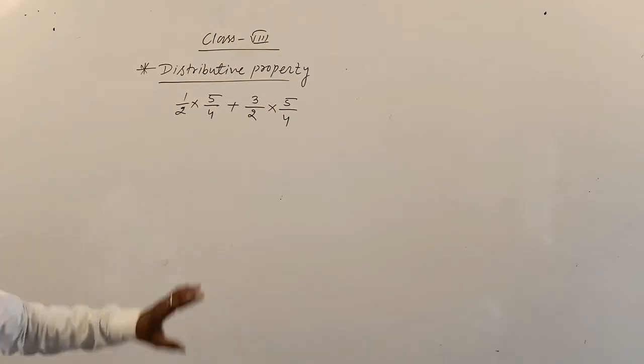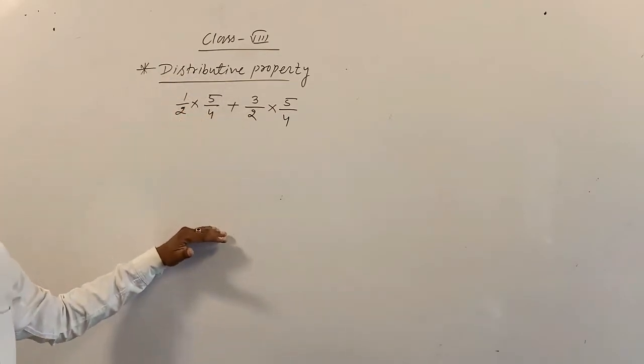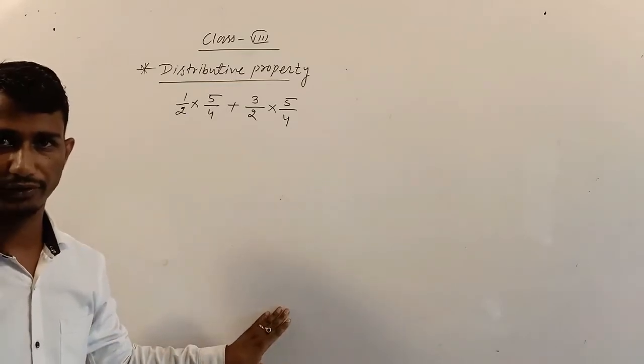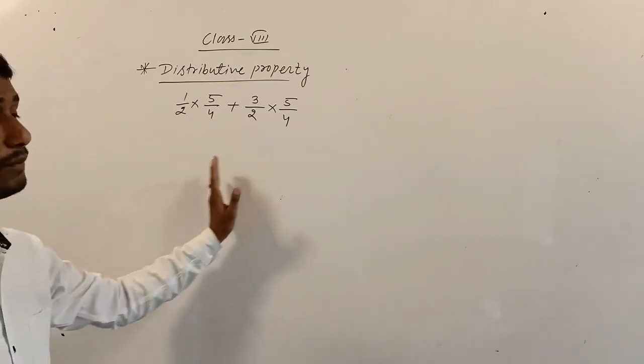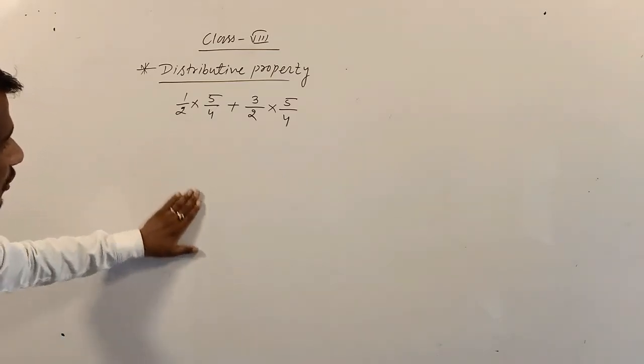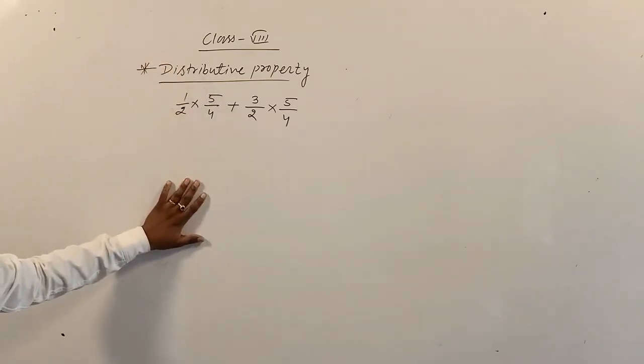Check here. If we solve this directly, I think it will take a long time. The process will be long. But if we use the distributive property here, the solution becomes easy.